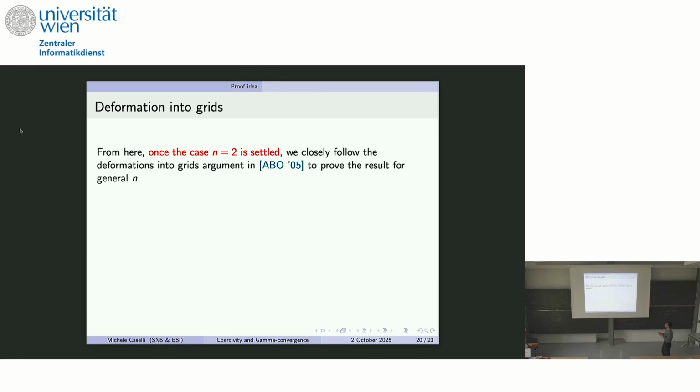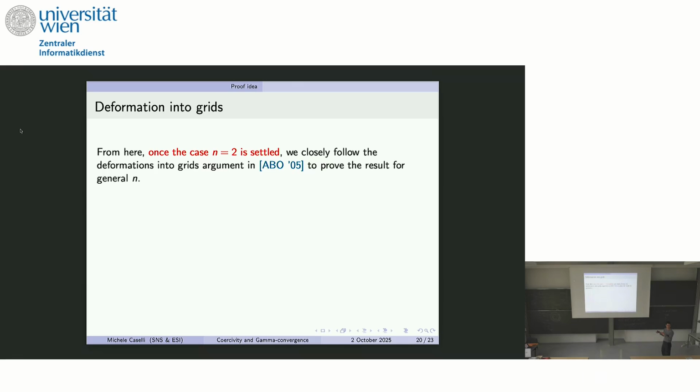So from here, once the case n equals 2 is done, one can closely follow the deformation into grids argument by Alberti, Baldo, and Orlandi. For us it wasn't necessarily the easiest part, but for experts it is probably the easiest part.